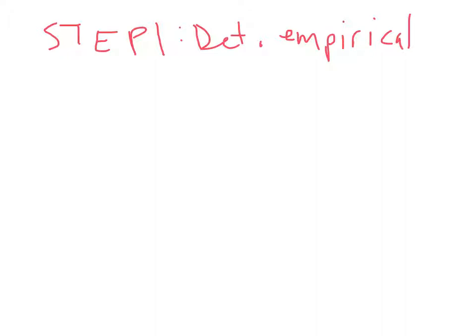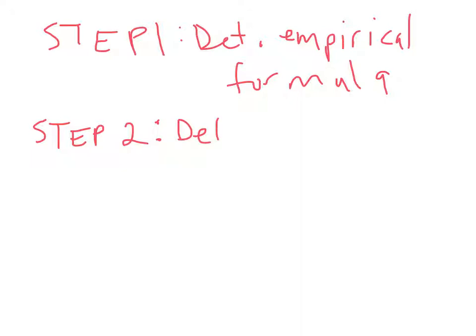If you're a procedural person and need steps to do this, step 1 would be to determine the empirical formula, and sometimes you'll be given the empirical formula in the problem. Step 2 would be to determine the multiplier.